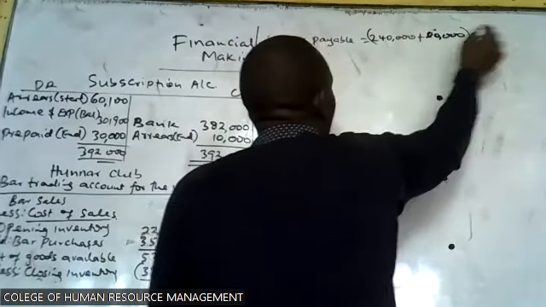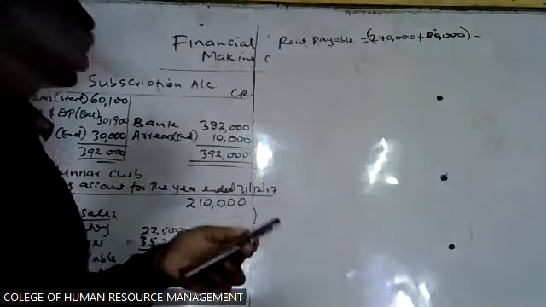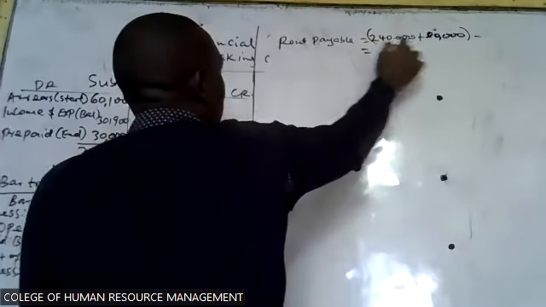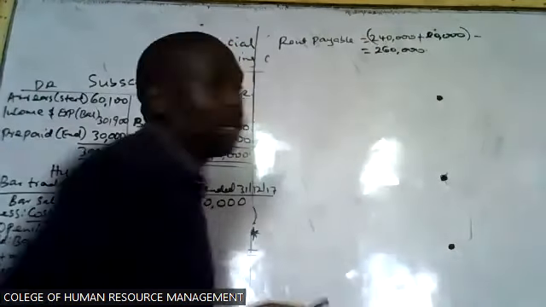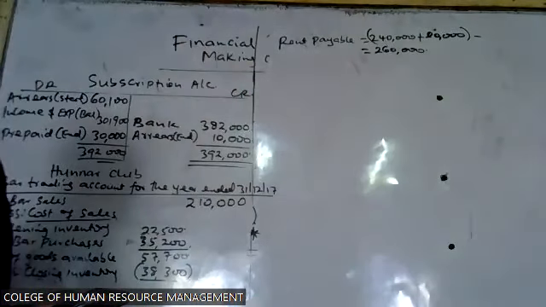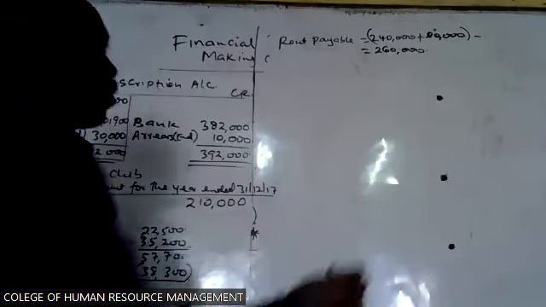Then you will minus nothing because there is no opening balance there. So you realize that the rent payable was supposed to be 260,000. That is what we take as the rent amount in the expenditure. Once that is done, then it is very simple for you.